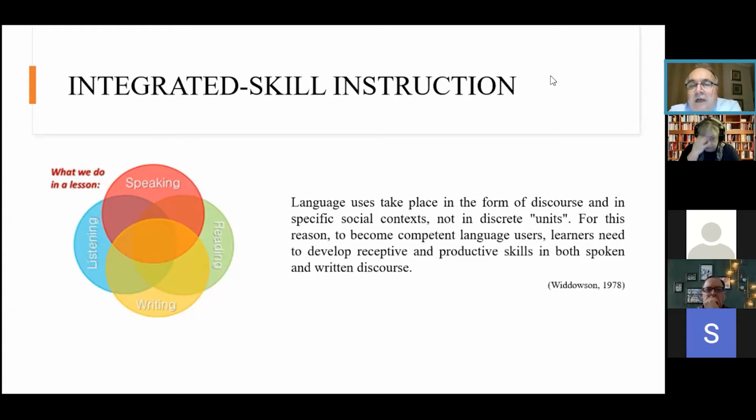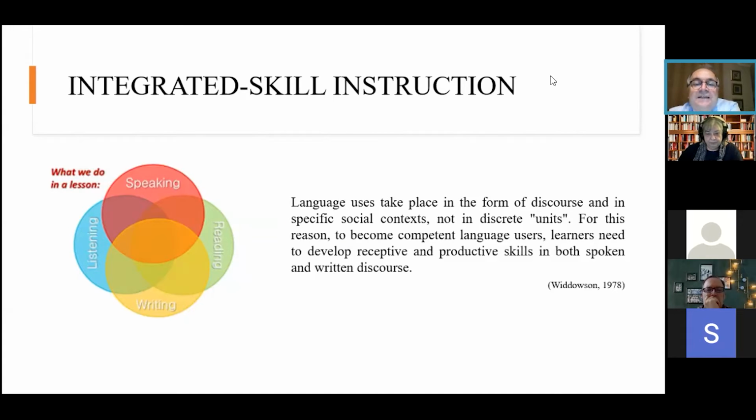As you see from this diagram, there is an integration of our basic skills, but we shouldn't forget to integrate the language components. What are they? Of course, I'm talking about vocabulary, grammar, pronunciation. So when we talk about integrated skill instruction, we should integrate our 4 main skills as well as our 3 language components.